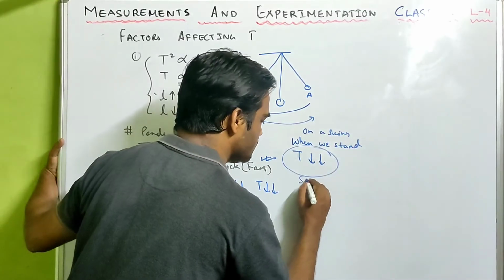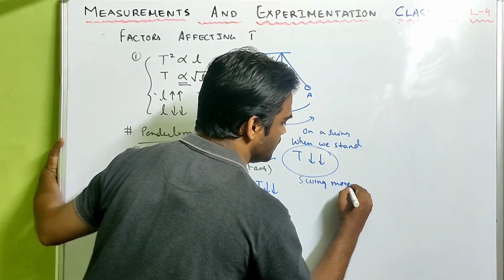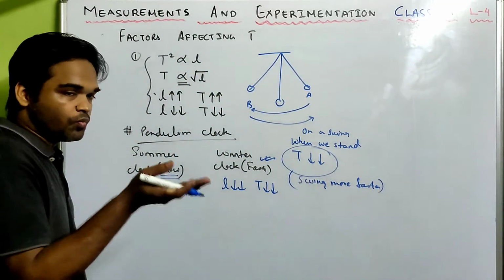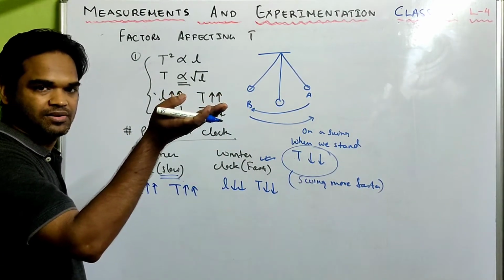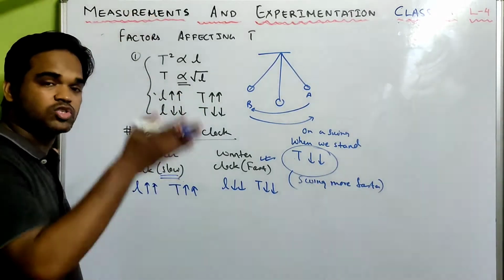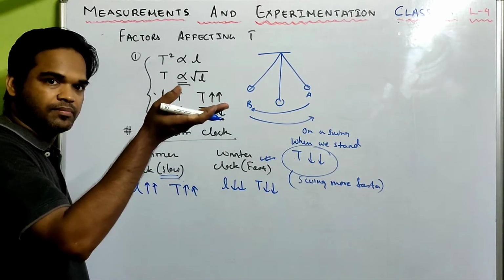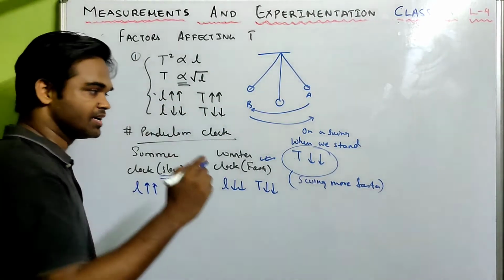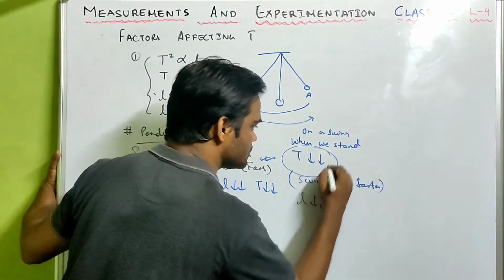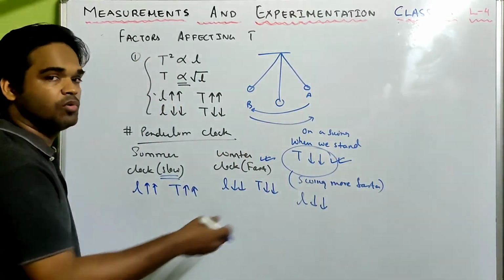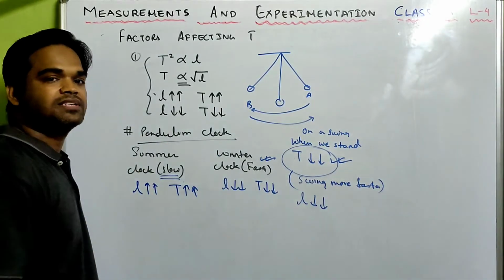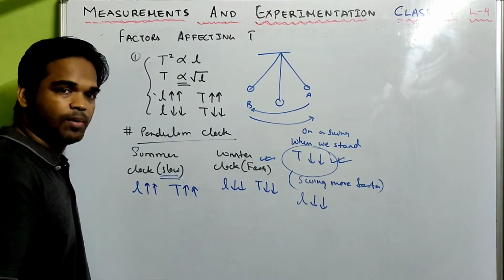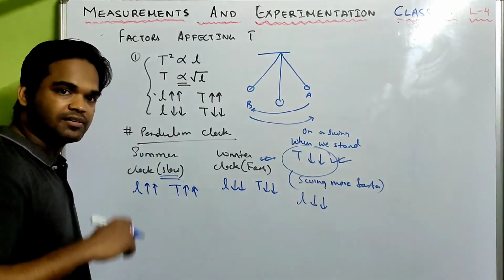Why does this happen? Because when we stand, the center of gravity of the swing goes up. So the effective length of the swing decreases, so the time period also decreases. So the swing moves faster when we stand as compared to when we are sitting, where the center of gravity is at a lower position. The effective length is greater.